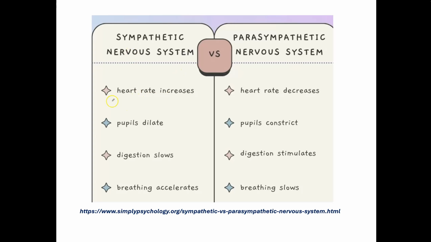And the sympathetic is the emergency freak out kind of system where you've got a rapid heart rate, your pupils will dilate, take in as much light as possible, see as well as you can, stop digesting because that's not important when you're in an emergency. And then your breathing accelerates with the aim of getting more oxygen to your brain, making you more alert and aware, and letting you run away or fight back in some case of emergency.